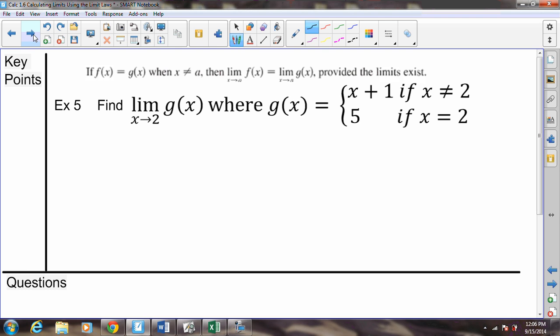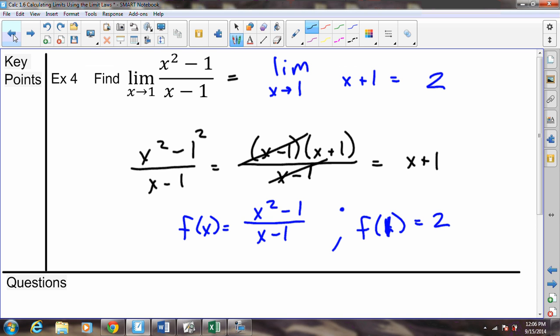So, that particular problem was actually taking advantage of this piece. If you have two functions that are the same everywhere, except at the point where you're taking the limit, then their limits are going to be the same. Specifically, when we go back to this last problem, this would be our f of x.